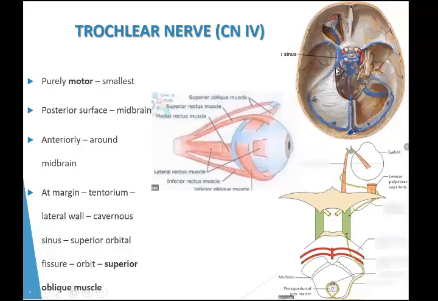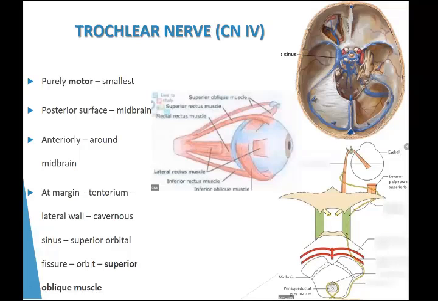From the margin of the tentorium, immediately in front, you have the cavernous sinus. So this nerve enters the lateral wall of the cavernous sinus. Earlier we placed the third cranial nerve in the lateral wall. Now we have the fourth cranial nerve lying in the lateral wall of the cavernous sinus.